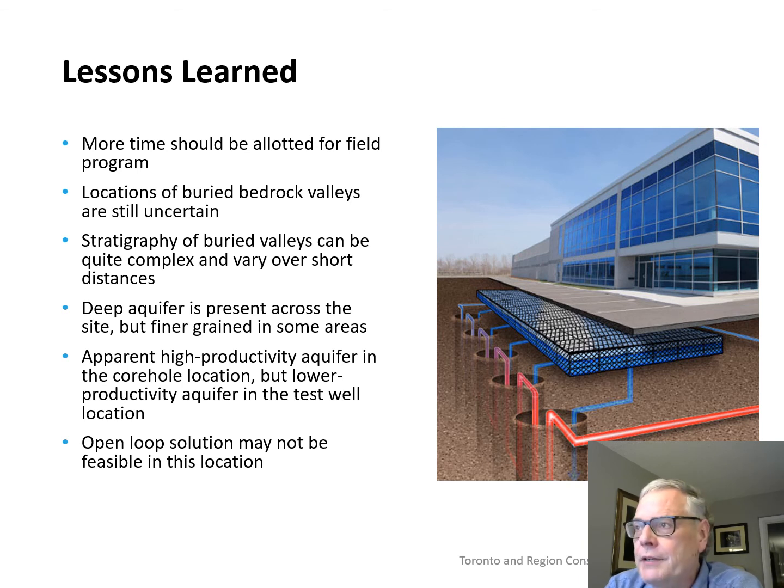And we did confirm that there is a deep aquifer that's present across the site, but the fine-grained nature of it may preclude it from being useful for an aquifer-based thermal energy system. And overall, the open loop solution may simply not be possible in this location.